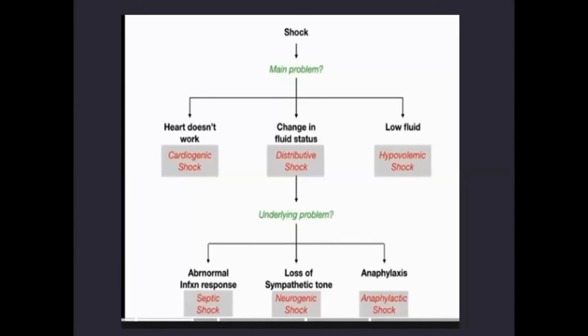Further, I will explain how you lose sympathetic tone, in either spinal cord or brainstem injury. And if we are dealing with anaphylaxis due to an antigen-antibody reaction, we are dealing with anaphylactic shock. So via this chart, you will get a brief overview of all types of shock.